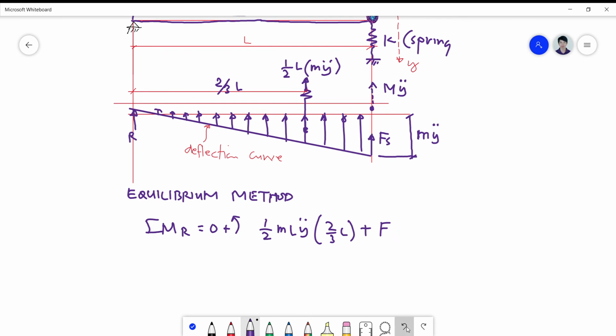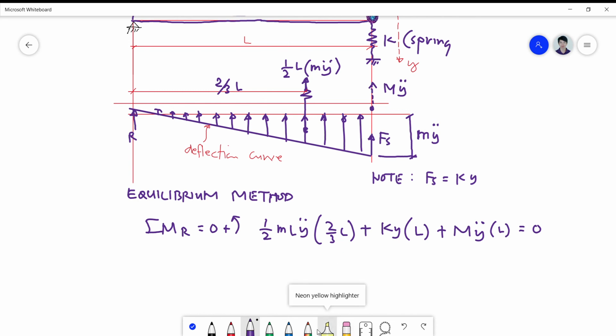let's substitute the value of Fs. Note that Fs is simply equal to K of the spring multiplied by y. So we can now substitute Ky multiplied by L, plus M y double dot multiplied by L. Now this will be simplified.